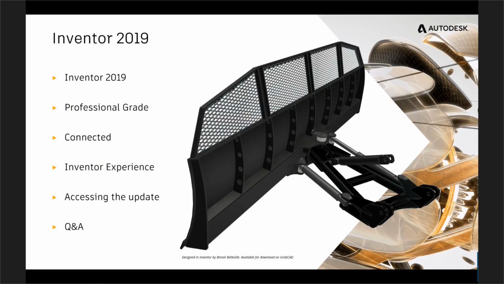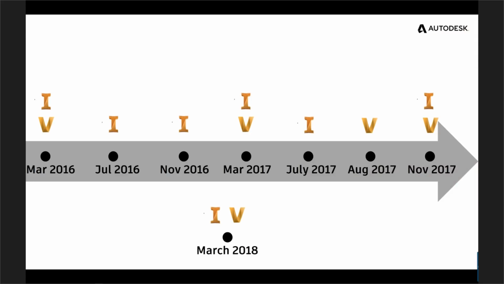Before we get started, one of the things I like to talk about is how we've changed our delivery with Inventor. I have Inventor and Vault icons here as well, because you might not be aware that Vault and Inventor are part of the same development team here at Autodesk. So we've got a lot of cohesion, not only in the functionality as you'd expect, but also in how we deliver updates. If you look at the last 24 months, we've been able to continually provide updates and value to our customers.